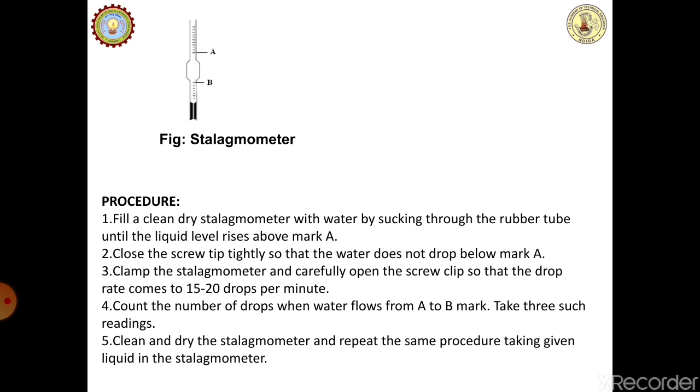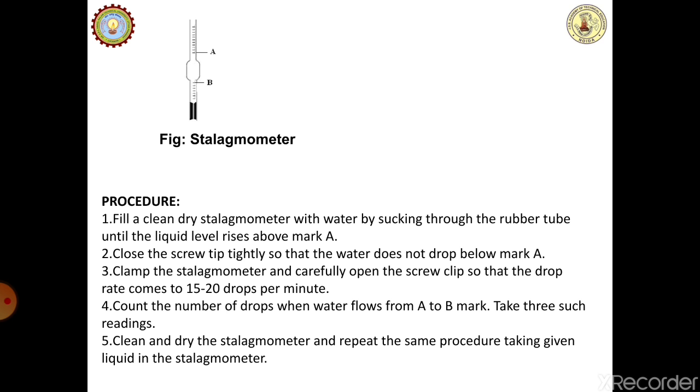The procedure for this experiment: first, fill a clean dry stalagmometer with water by sucking through the rubber tube until the liquid level rises above mark A. So the mark A is shown on the figure. Second, close the screw clip tightly so that the water does not drop below mark A, and clamp the stalagmometer and carefully open the screw clip so that the drop rate comes to 15 to 20 drops per minute.